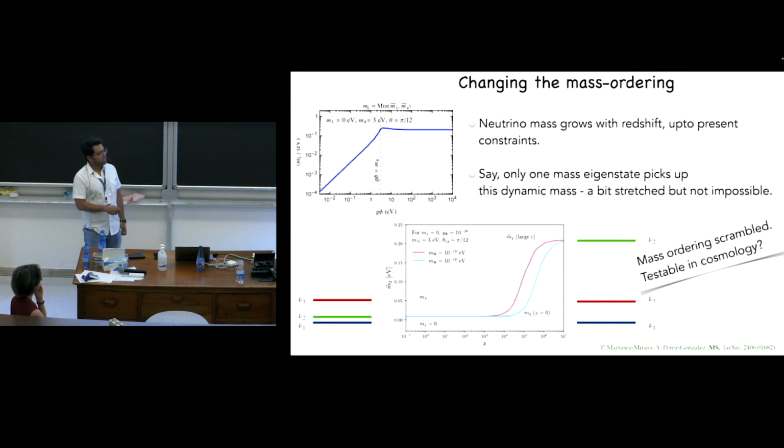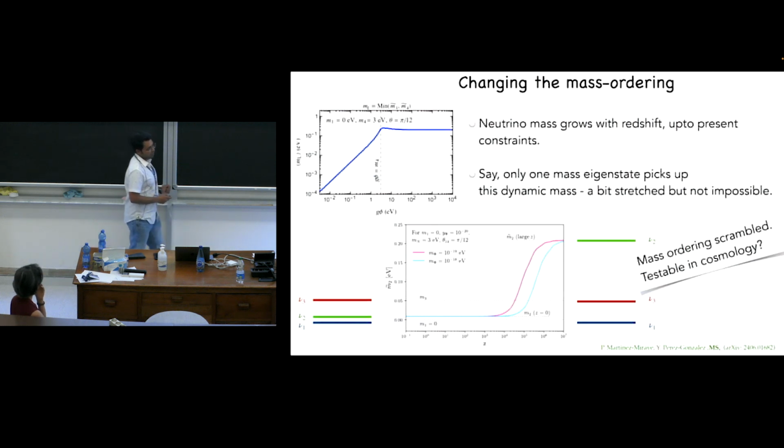This grows, and then at some point it gets cut off, but that means that at some redshift, which can be large, like larger than 1000 or so, but this depends again on what parameter you choose, your effective m2 becomes larger than the masses of nu3 and nu2, which means that you end up changing the ordering. You don't go to the inverted ordering, mind you, but this is a different ordering where at larger redshifts you have nu2 larger than nu3 larger than nu1, even though today you start with the normal mass ordering.